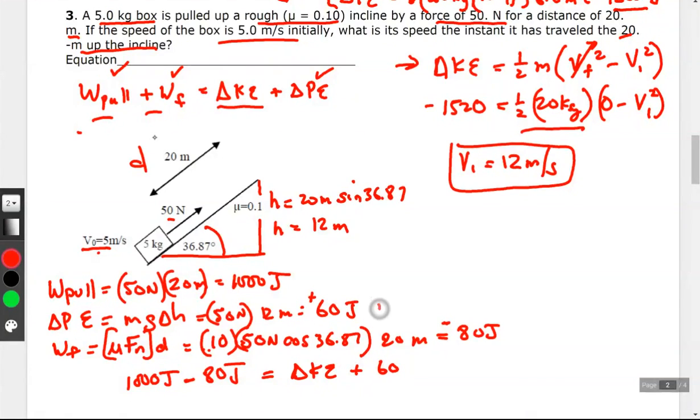Right here is my positive 60 joules. So this is 920 joules equals change in KE plus 60.